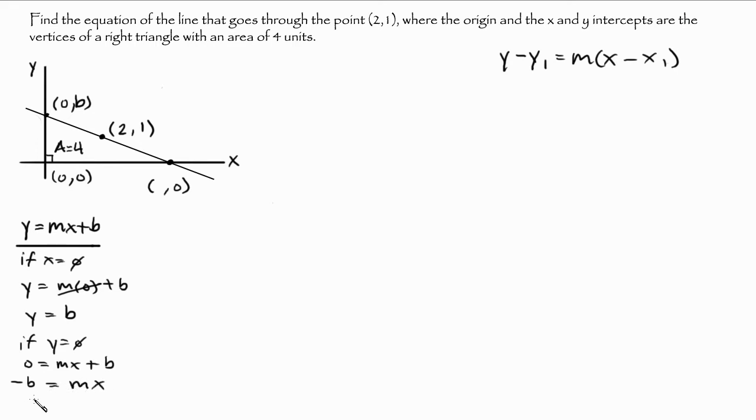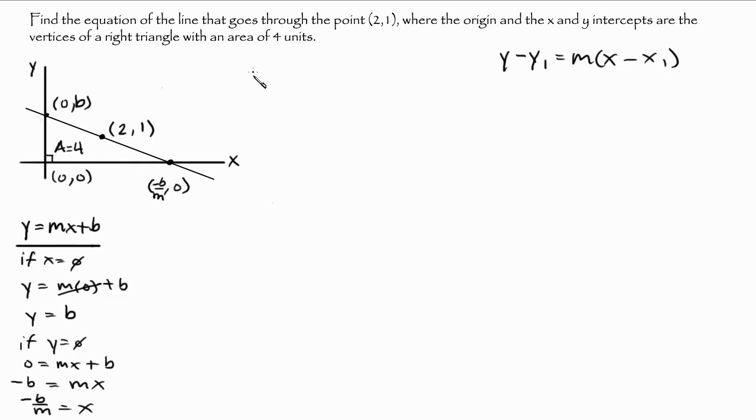Then divide by m, and you'll get negative b over m is equal to x. Okay, so this is going to be negative b over m. So now I have my 2 points. I've got (negative b over m, 0) for this point here, and I've got (0, b) for this particular point right here.